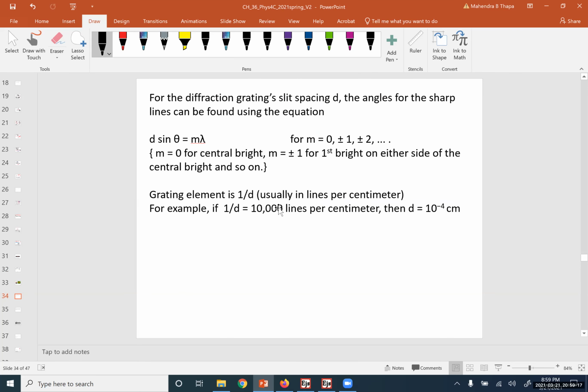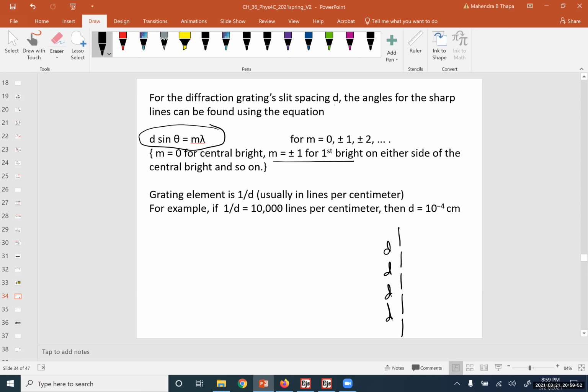In the case of diffraction grating, we use the spacing d instead of a. If d is the spacing between slits, then we use d sin theta equals m lambda to find the position of the bright fringes. m equals 1 gives the position of the first bright, and m equals 2 gives the position of the second bright.